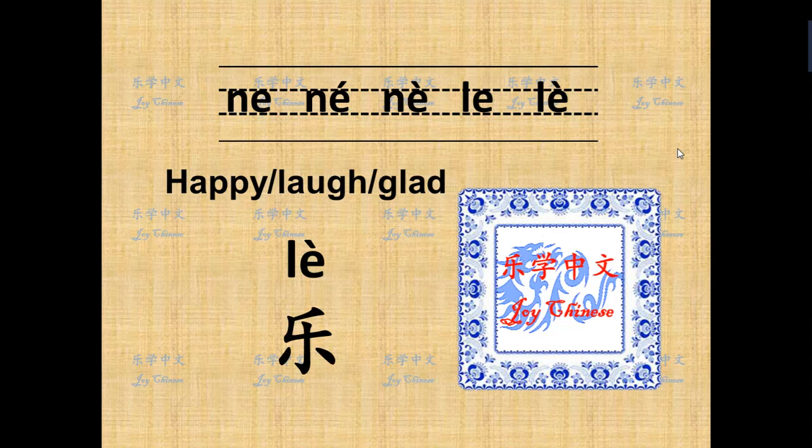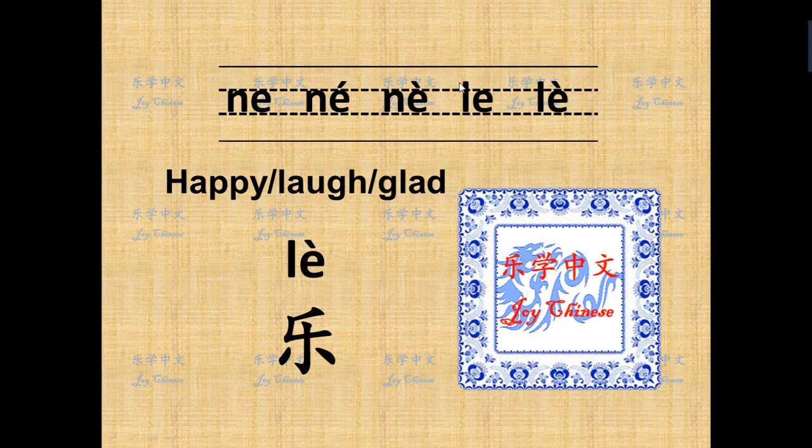Then we combine n with a. N. N. N. So you see I didn't put the first tone n and the third tone n in here. It means that those two pronunciations are not common in the Chinese language. And another combination is l and a.